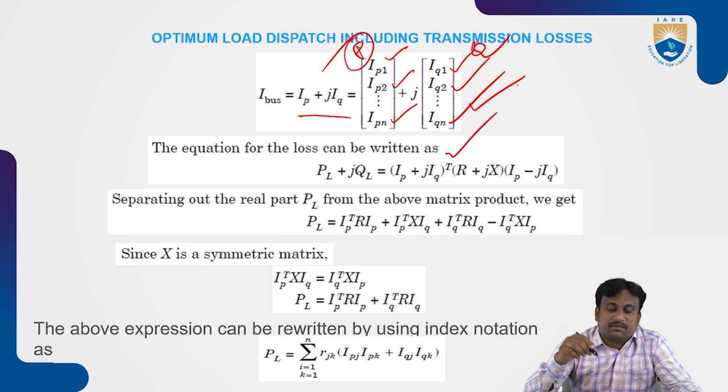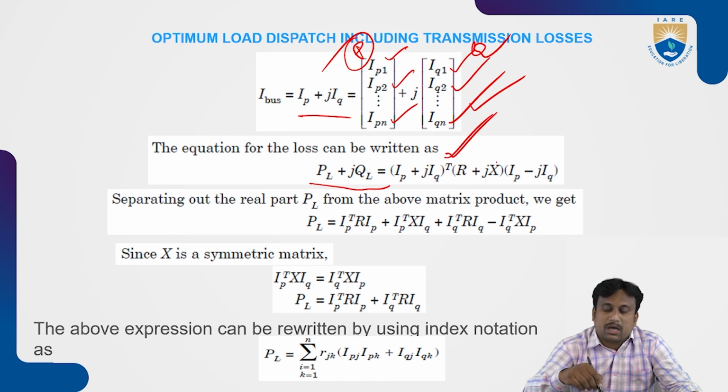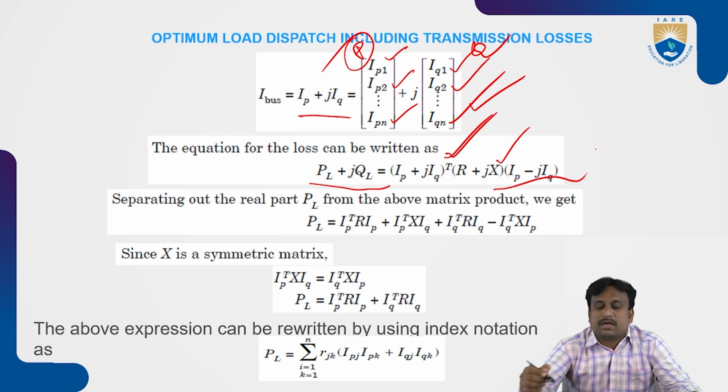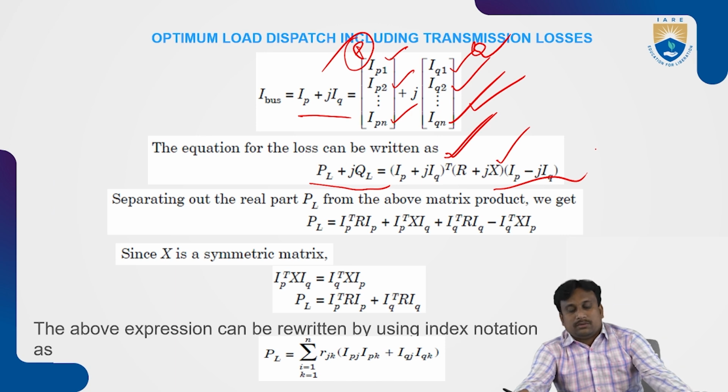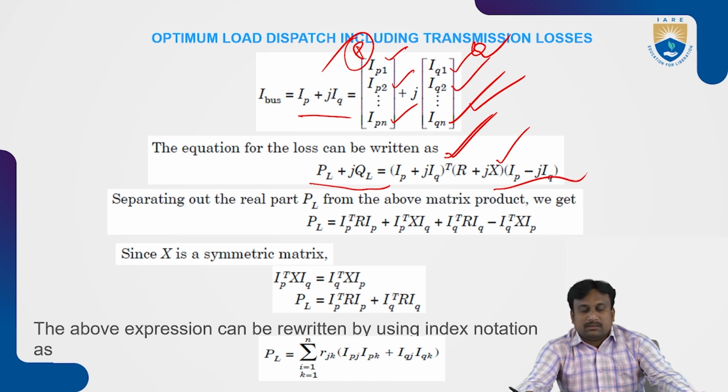So the equation for the loss can be written as PL plus JQL equals (IP plus JIQ) whole transpose into (R plus JX) into (IP minus JIQ). This is the combination we will consider.